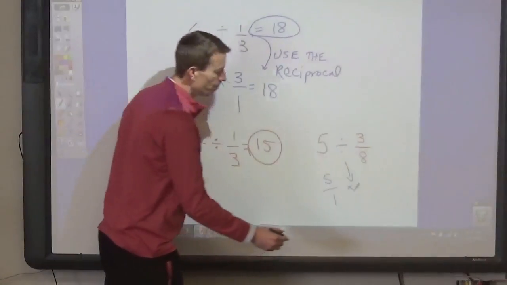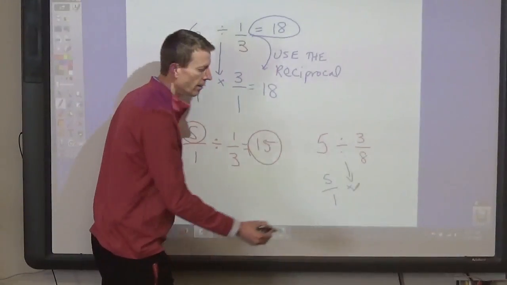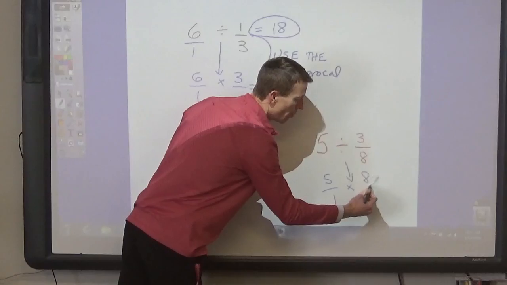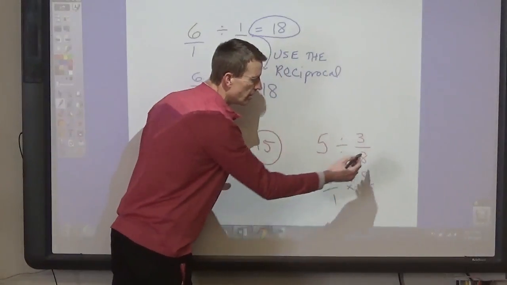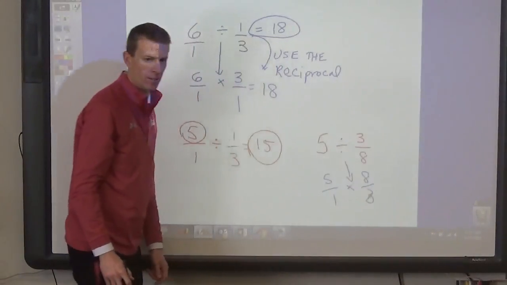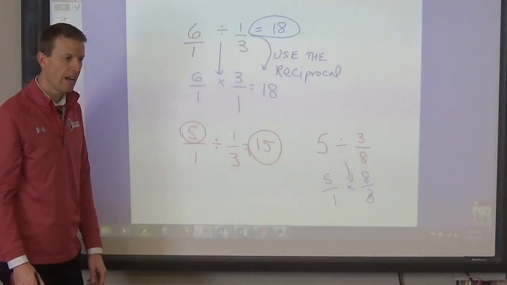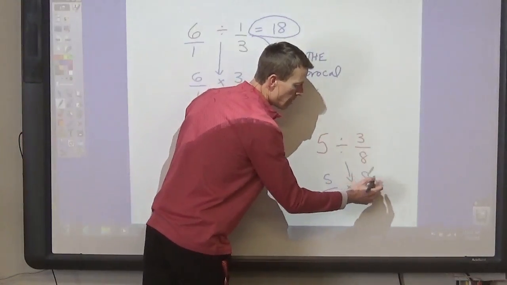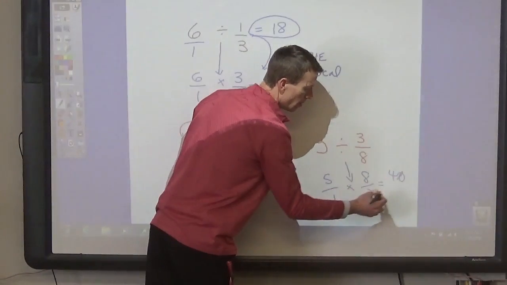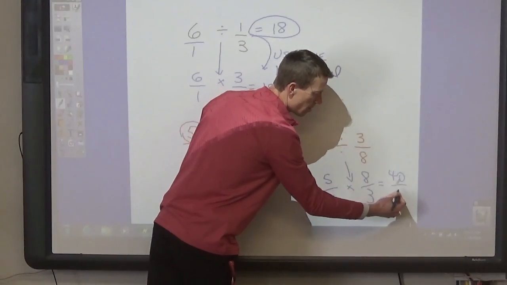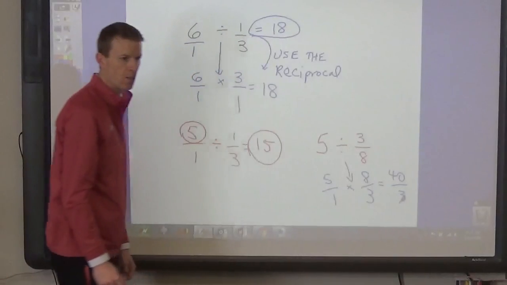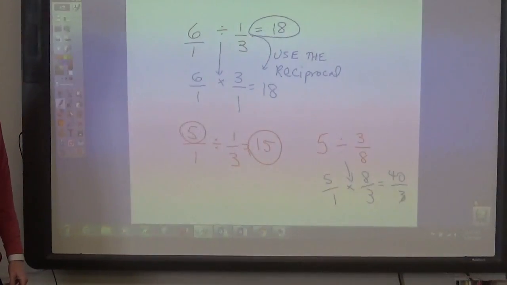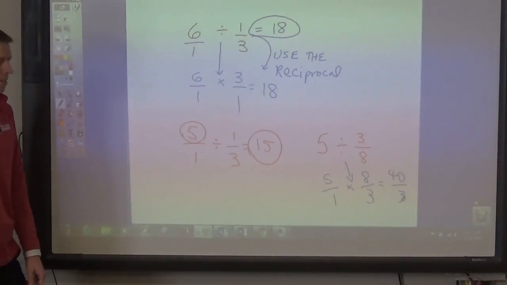Times 3 over 8? Nope, not times 3 over 8. Times 8 over 3. We have to use the reciprocal. Okay? And then multiply. 5 times 8 is 40. 1 times 3 is 3. So it's 40 over 3. Wait, so that's the answer?